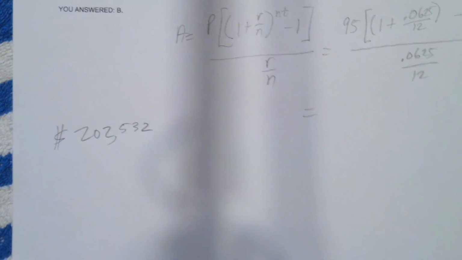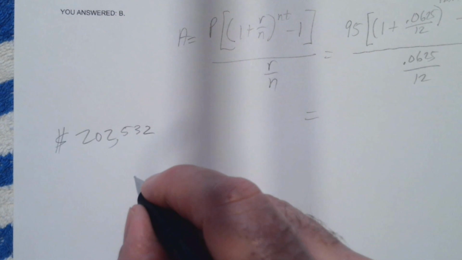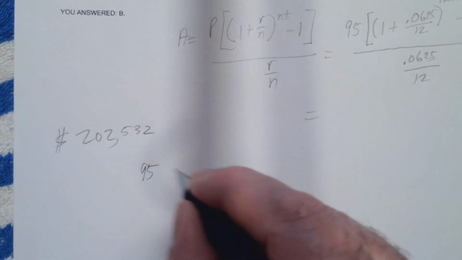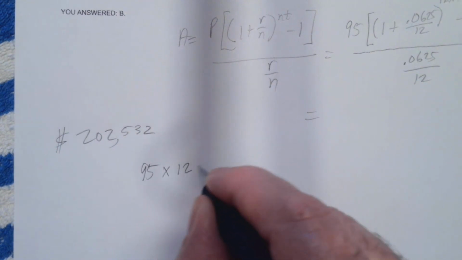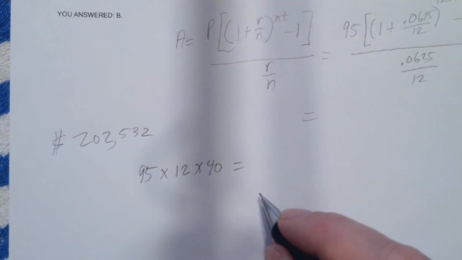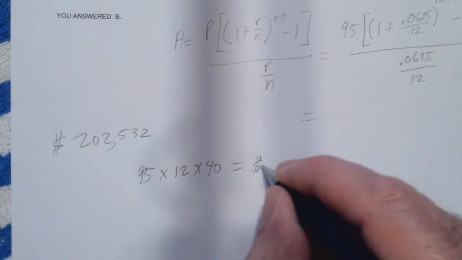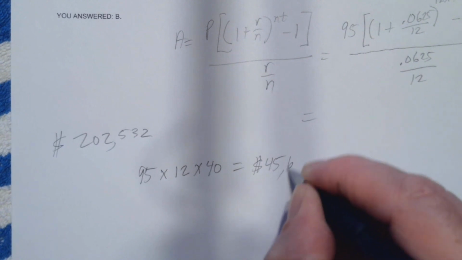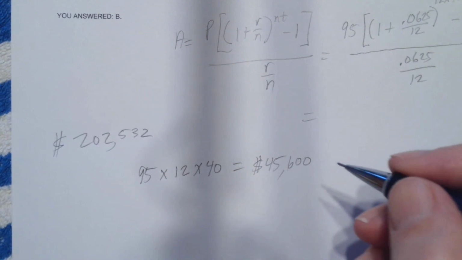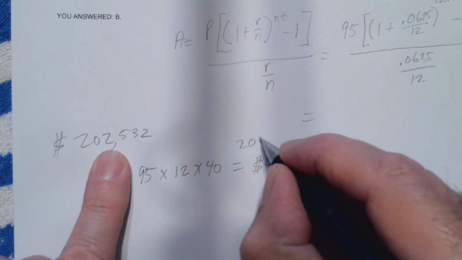And then the question is, how much interest did you earn? Well, you paid $95 12 times a year for 40 years. So if you multiply that out, I think I already did that, you get 45,600. Now subtract that from the amount that's in the account after 40 years.